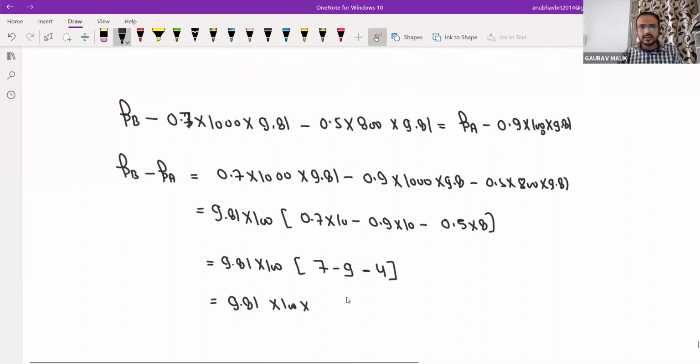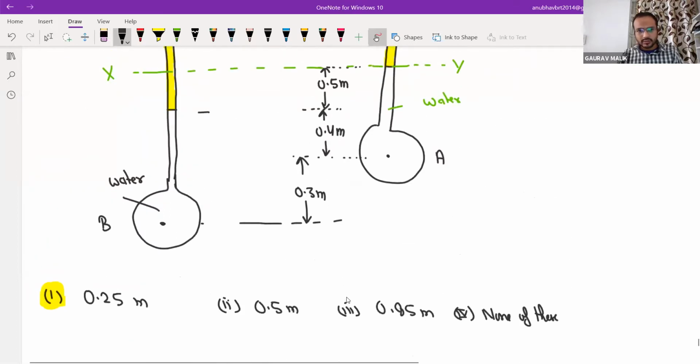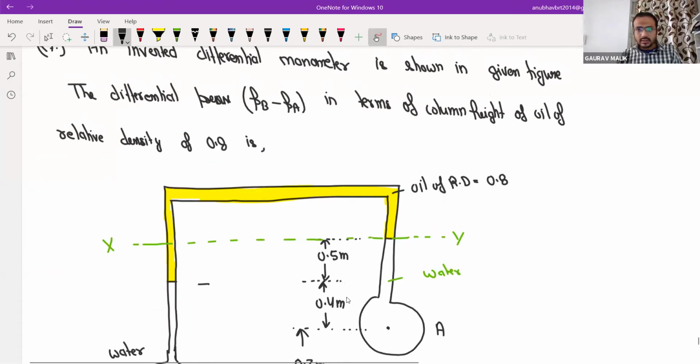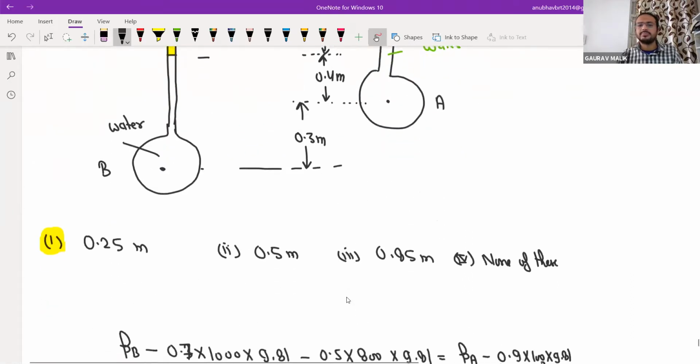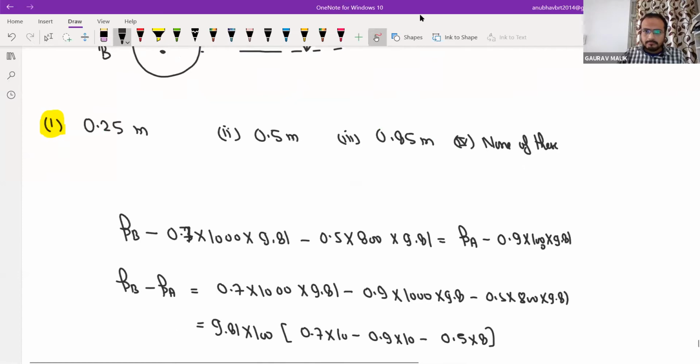Then the mathematics part, you will calculate. We need to calculate just in terms of column height of oil.